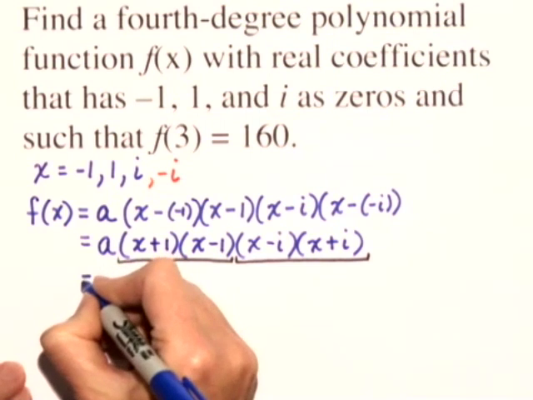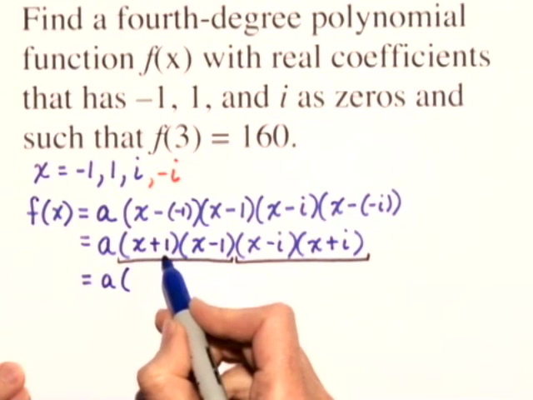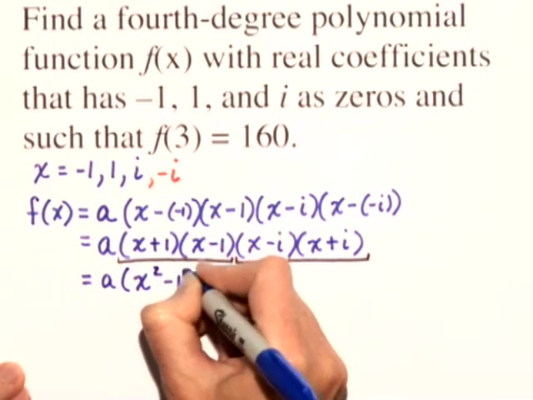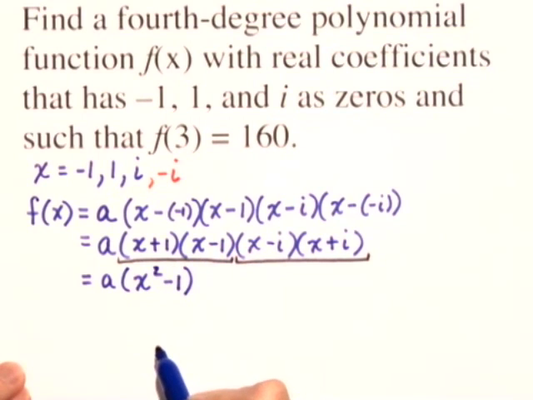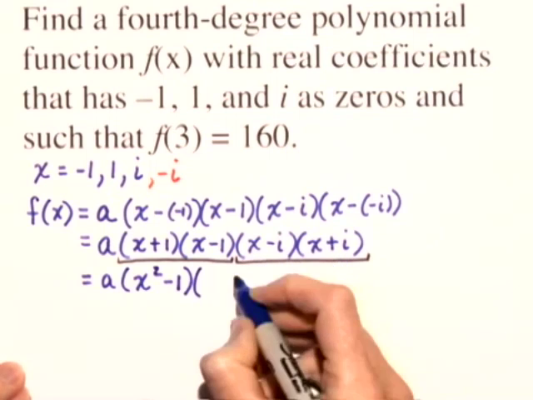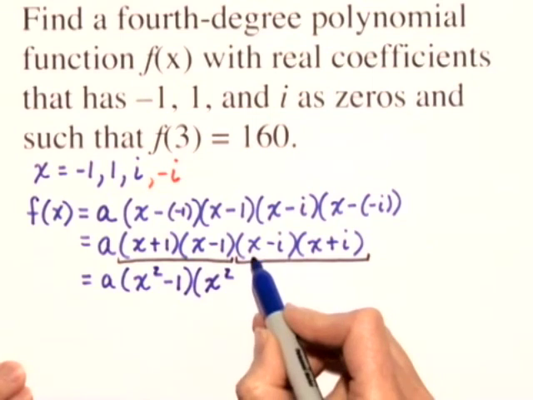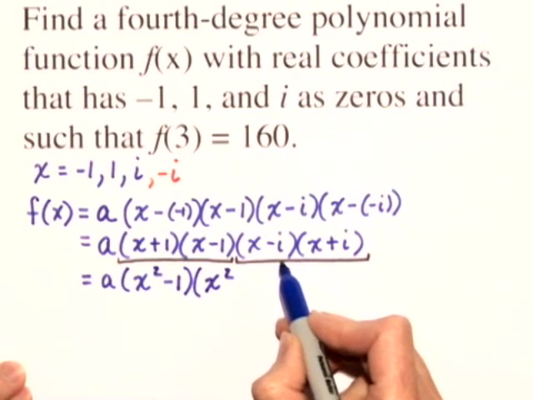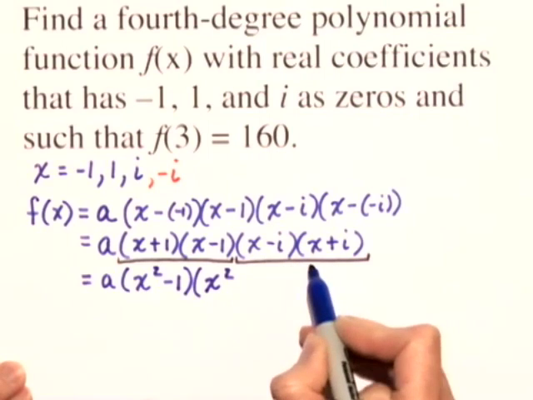So we'll have a times, well, if we multiply x plus 1 times x minus 1, that just becomes x squared minus 1 because our outside terms and our inside terms cancel. For x minus i times x plus i, we'll have x squared. Notice the outside terms we get plus x times i, and for the inside terms we get minus x times i. So they add to 0.